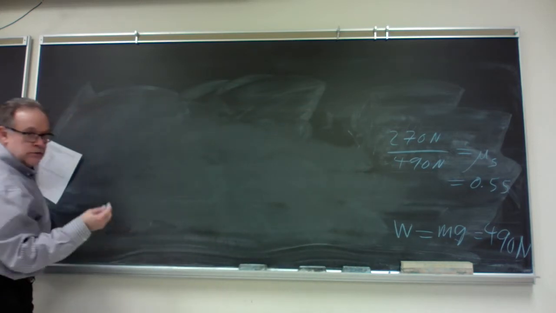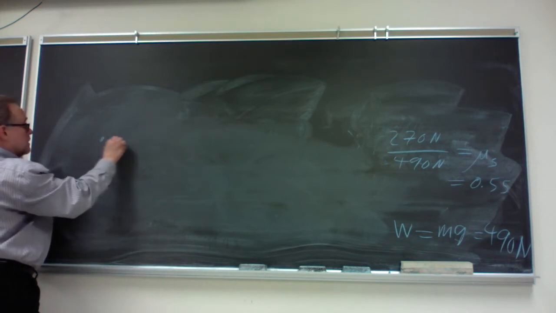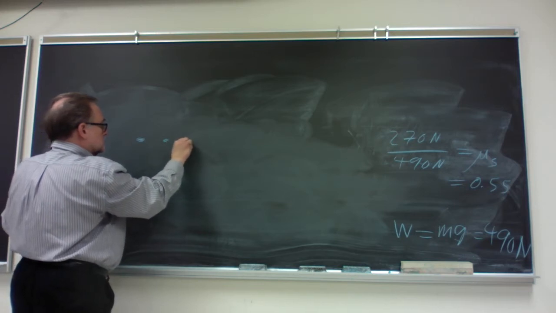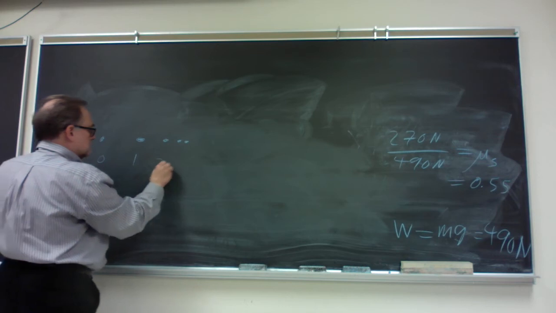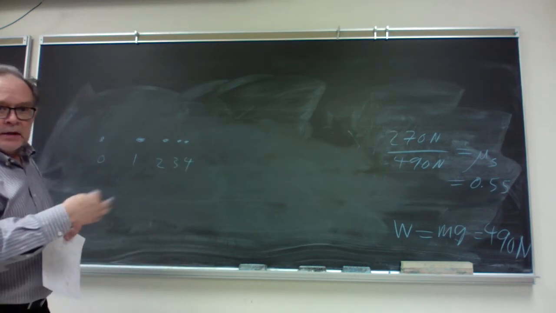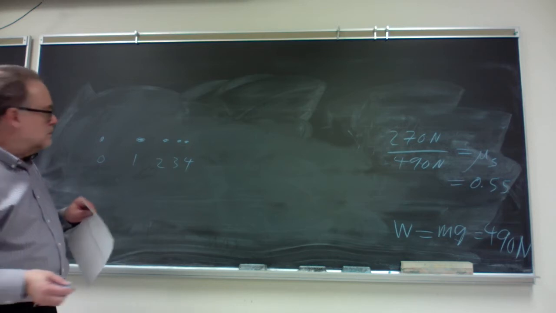So just draw, say, a motion diagram for the curling stone. Sort of like that. And we will say that at the end of the 4th time interval, however long those time intervals are, it has come to a stop.